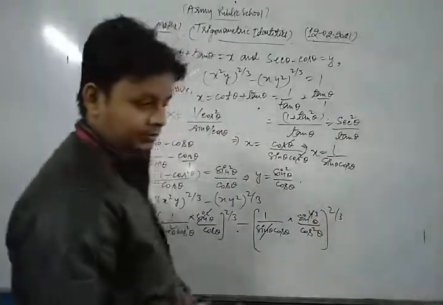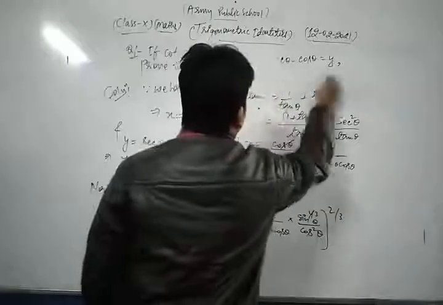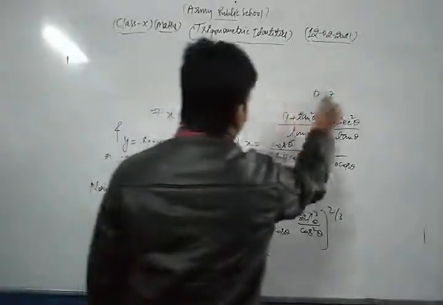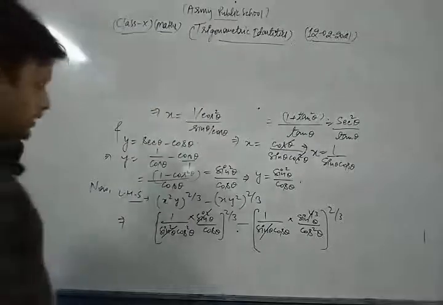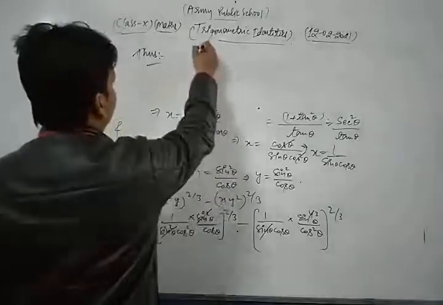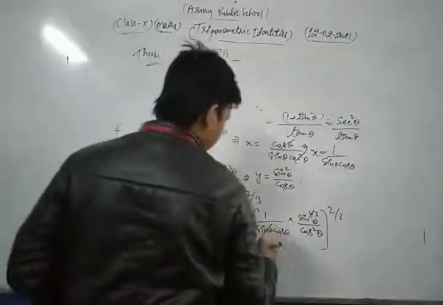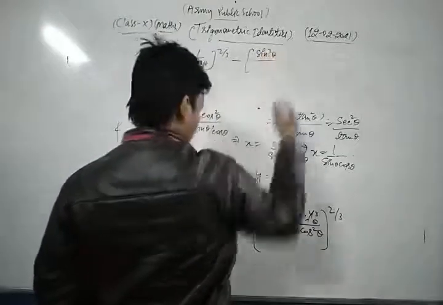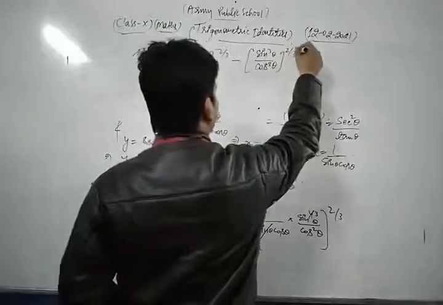Thus we get 1 upon cos cube theta to the whole power 2 by 3, minus sin cube theta upon cos square cos theta, that is cos cube theta, to the whole power 2 by 3.